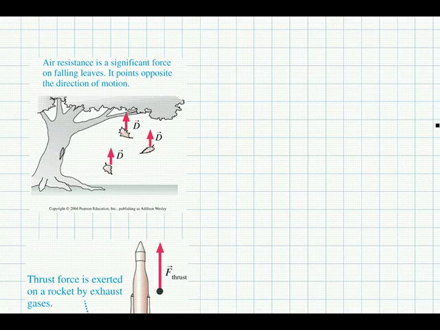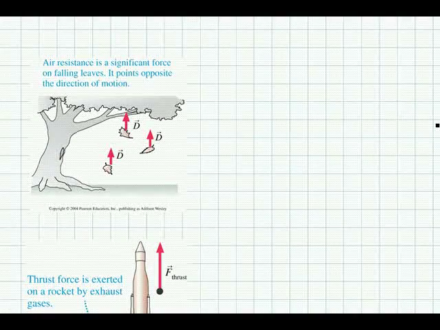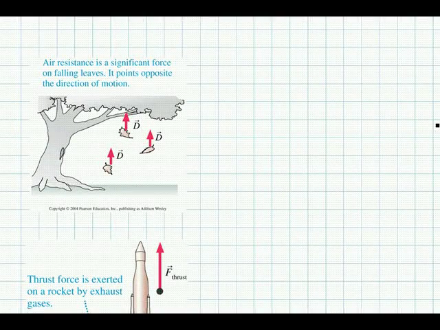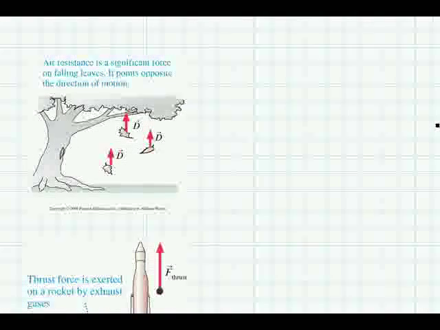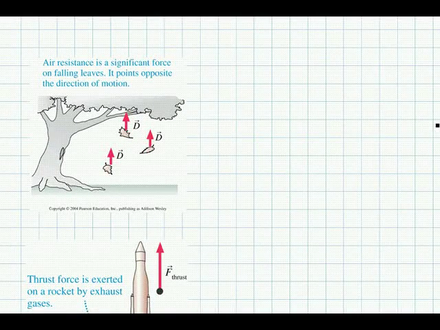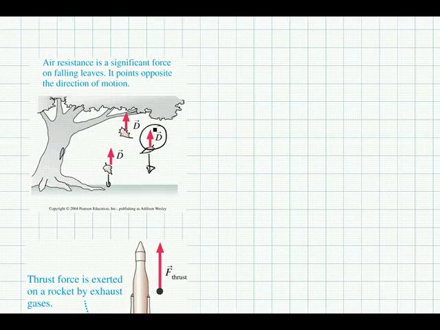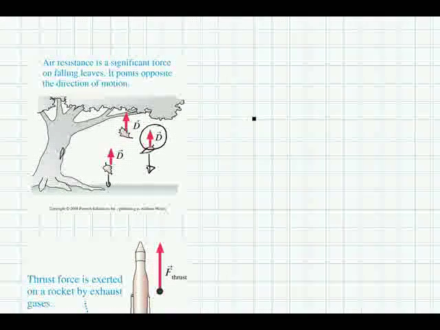Air resistance or drag is also another friction type force, and just like kinetic or static friction, its direction is opposite that of motion. So here we have leaves falling from a tree. They're of course moving downwards, therefore drag is pointing upwards.